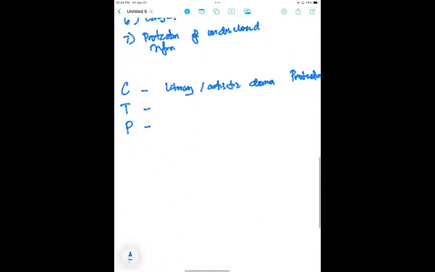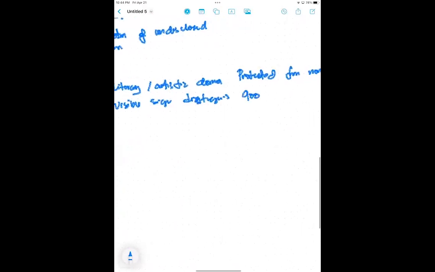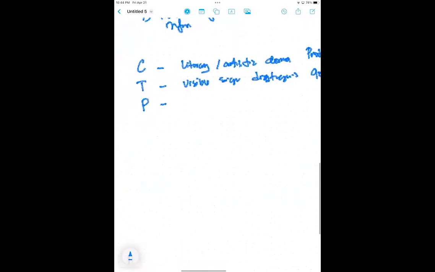While trademarks, these are visible signs that would distinguish goods or services. And patent, on the other hand, is any technical solution.